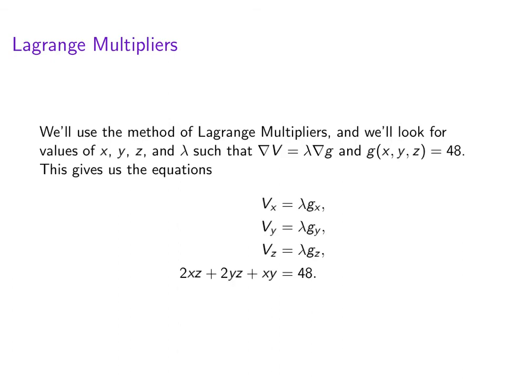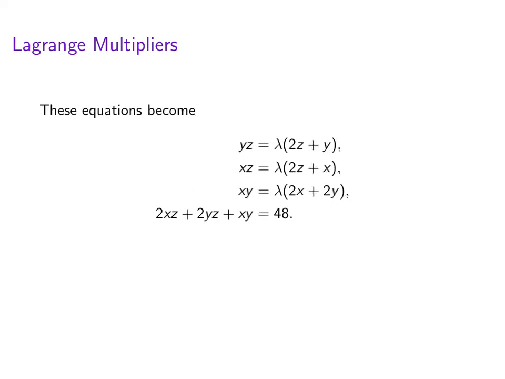Vx equals lambda gx, Vy equals lambda gy, Vz equals lambda gz, and 2xz plus 2yz plus xy equals 48. All these equations become yz equals lambda times (2z plus y), xz equals lambda times (2z plus x), xy equals lambda times (2x plus 2y). And then the constraint is the same.